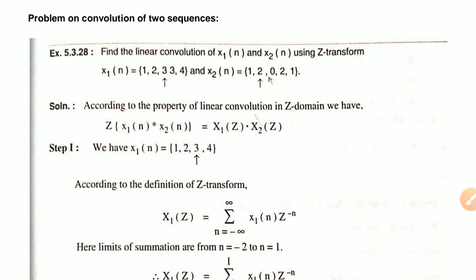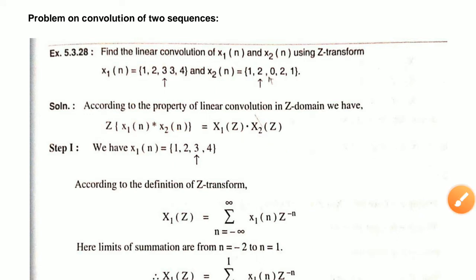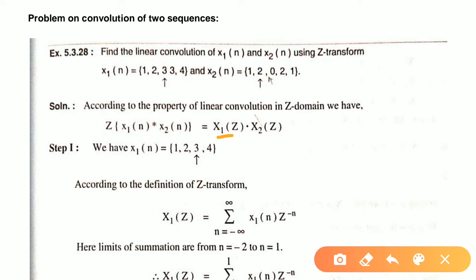So let's solve this. The property of the linear convolution is given. It shows that the Z transform of the convolution of two sequences, x1 of n and x2 of n, is nothing but the multiplication of the Z transform of x1 of n and the Z transform of x2 of n.